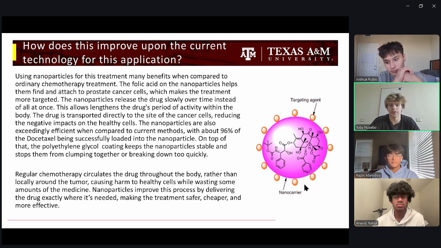Regular chemotherapy circulates the drug throughout the body rather than locally around the tumor, and this causes harm to healthy cells while wasting some of the medicine. Nanoparticles improve this process by delivering the drug exactly where it's needed. It makes the treatment safer, cheaper, and much more effective.